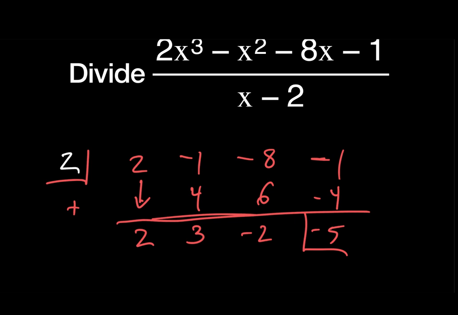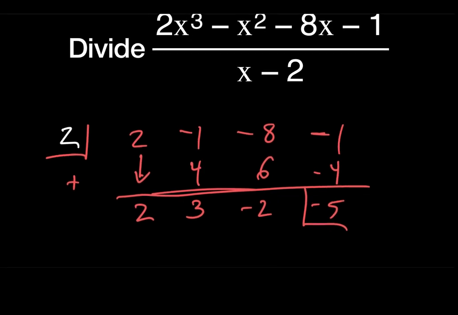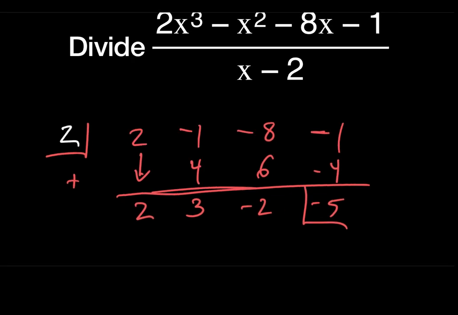-5 is a remainder, which means that this is technically not a factor. If this were a factor, my remainder would be 0. It's not a factor, but either way, when I'm done, now I'm going to rewrite what I had. So when I divided by x minus 2, it's like factoring it out.